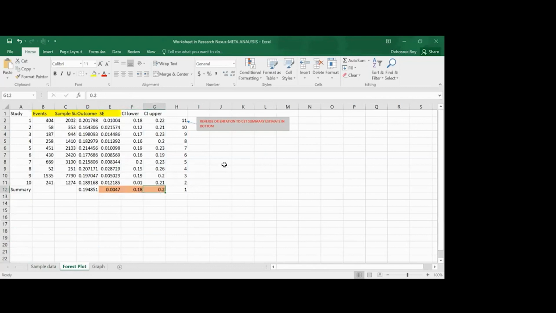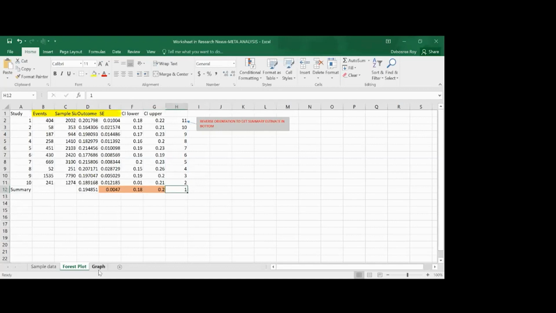Now, in order to get the forest plot to have the total effect at the bottom of the plot, you need to reverse the numbering of the studies. So the total effect is given a new number, study 1, and so on and so forth.